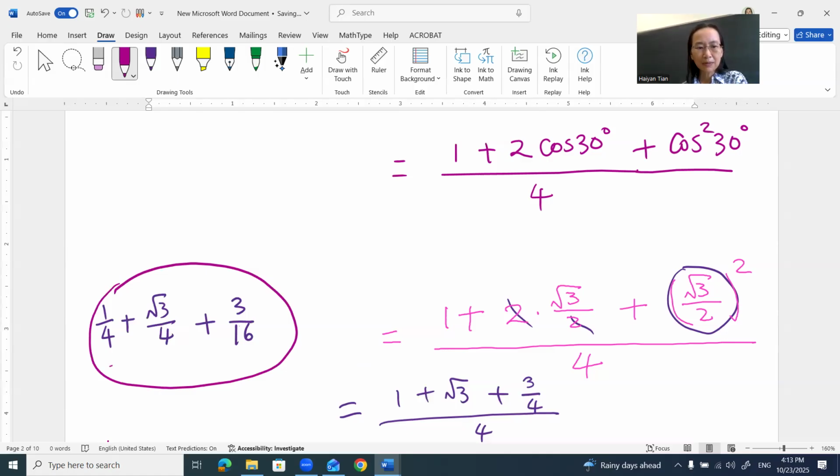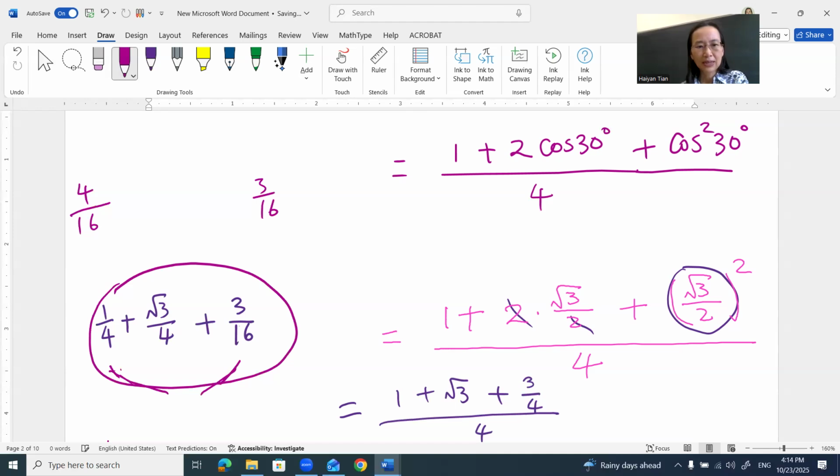But of course, you can combine 1/4 with 3/16. Yeah, 1/4, if we use the common denominator, you multiply numerator and denominator by 4. So it's 4 over 16 plus 3 over 16.